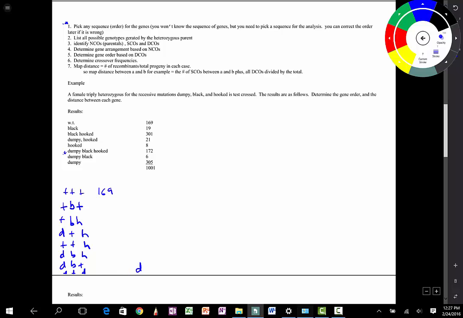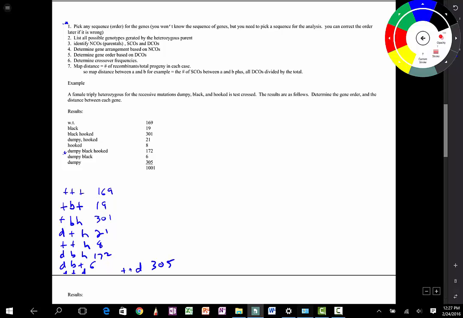Plus plus D. Then we'll put in our numbers: 19, 301, 21, 8, 172, 6, and just dumpy is 305.